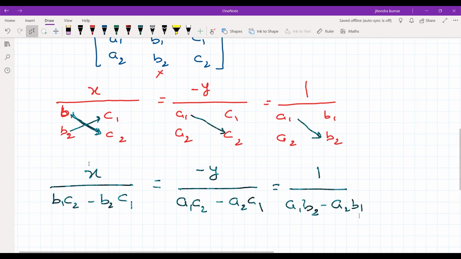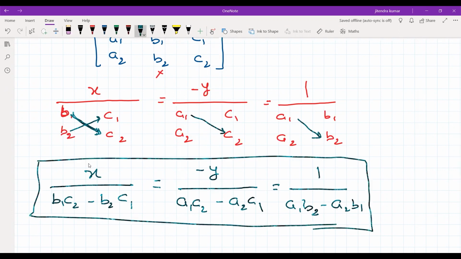So this is your final cross multiplication formula that you have to apply.